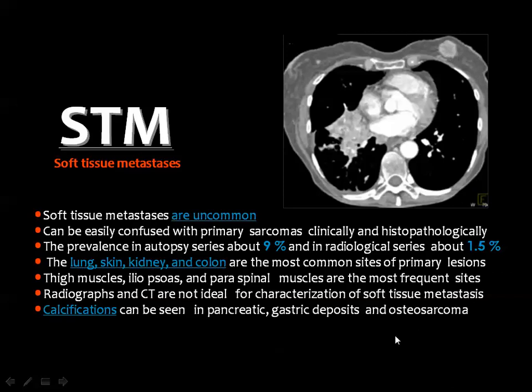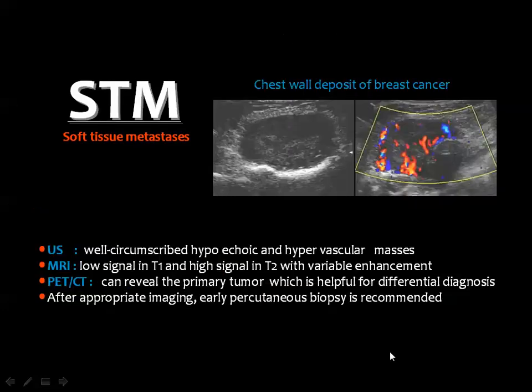The most common primaries that give soft tissue metastases are the lung, the melanoma, the kidney, and the colon. The radiographic signs are not specific. Calcium can be seen in pancreatic and gastric deposits as well as in osteosarcoma.